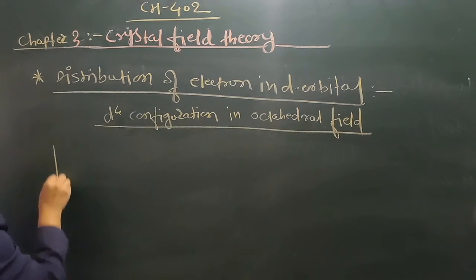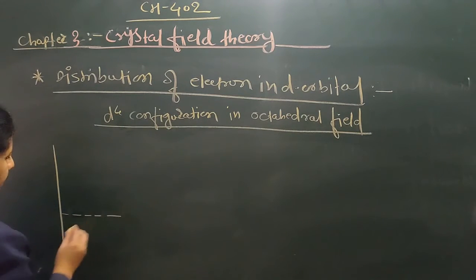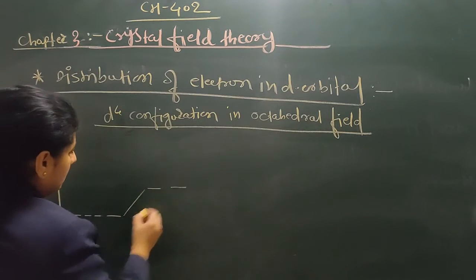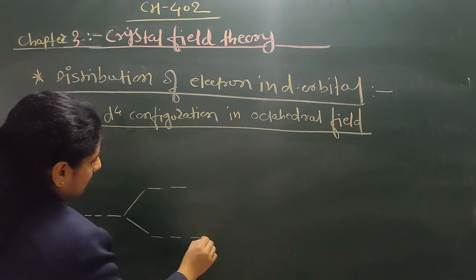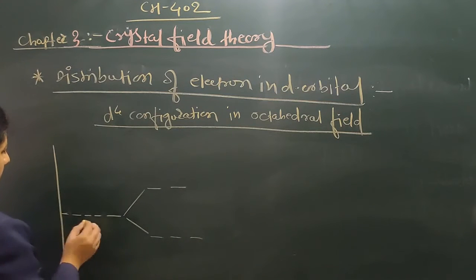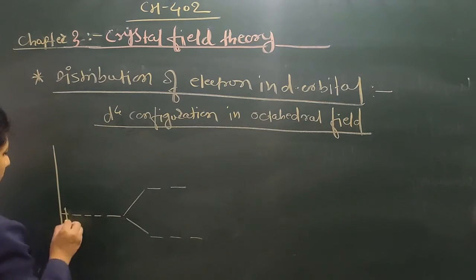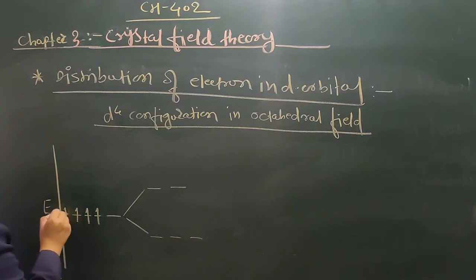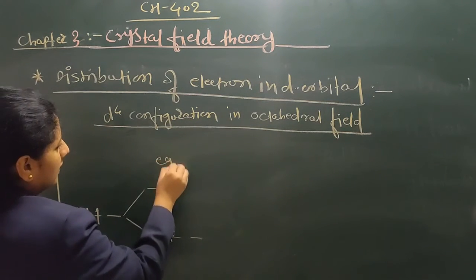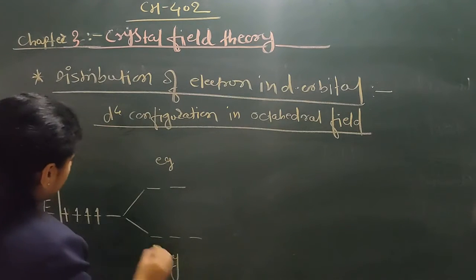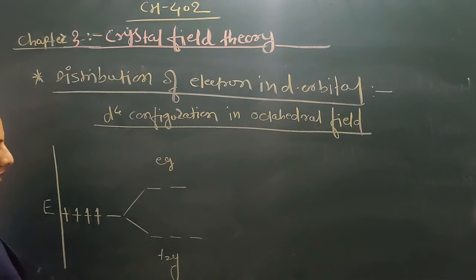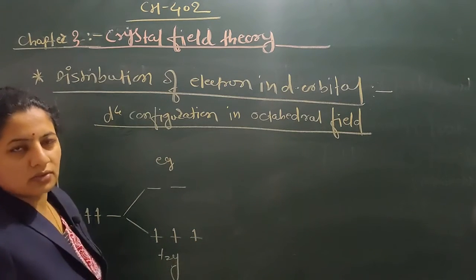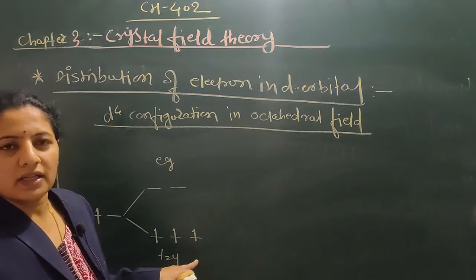So here there are 4 electrons, 1, 2, 3, 4. Here is the energy axis. This is Eg and this is the T2g orbital. For d4 we enter 1, 2, 3 according to Hund's rule.